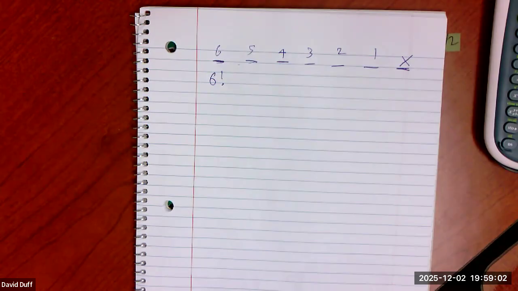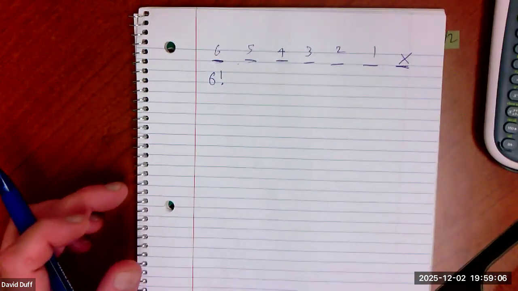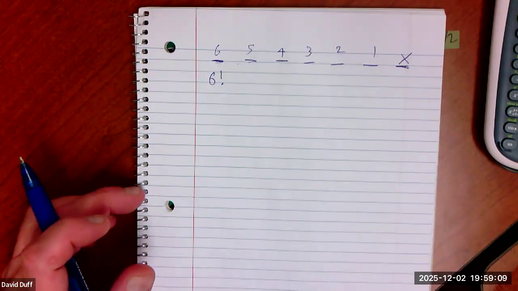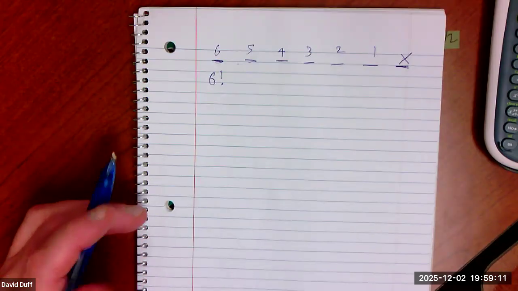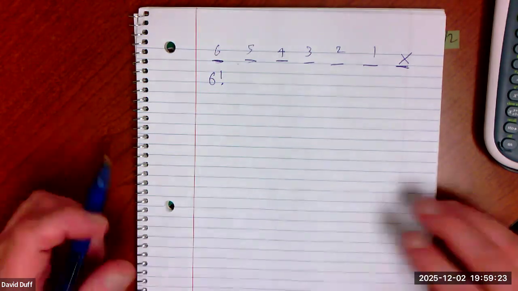This is just a calculator problem, but let me show you something kind of interesting. You need to be able to do this in your calculator. And when you're dividing combinations and permutations, you might want to use parentheses, just to be on the safe side.